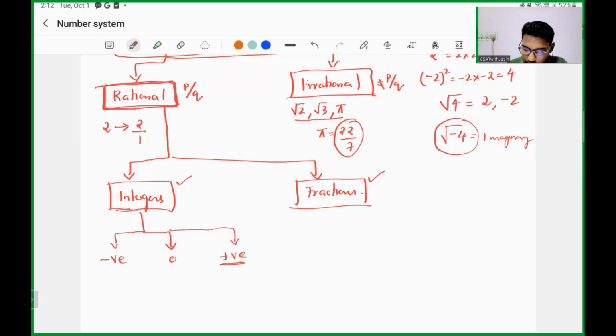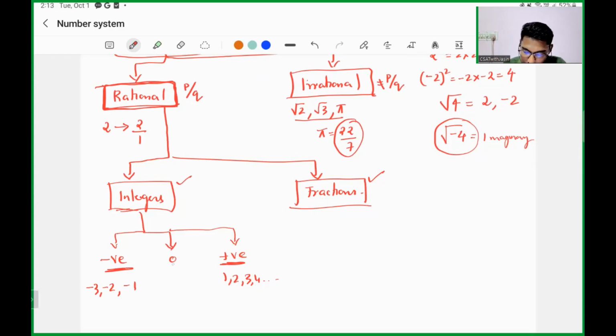The positive integers means 1, 2, 3, 4, etc. 0, and negative means -3, -2, -1. So integers can be -3, -2, -1, 0, 1, 2, 3.